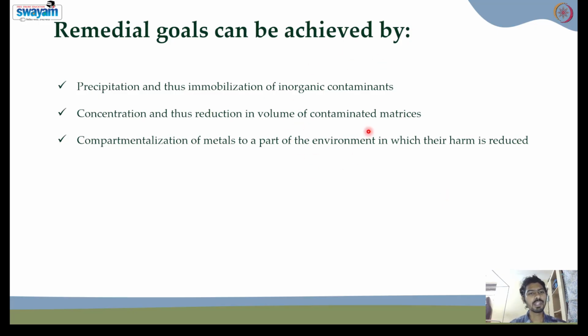So these are some of the remedial goals that can be achieved. First is precipitating the inorganic contaminants, or we can concentrate and reduce the volume of our contaminated matrix, and we can compartmentalize and quarantine them so they do not reach the public.